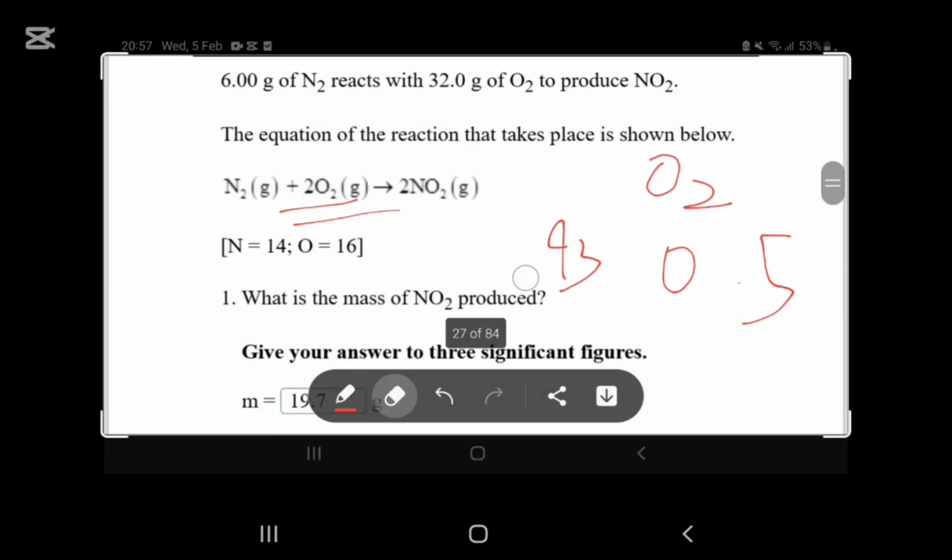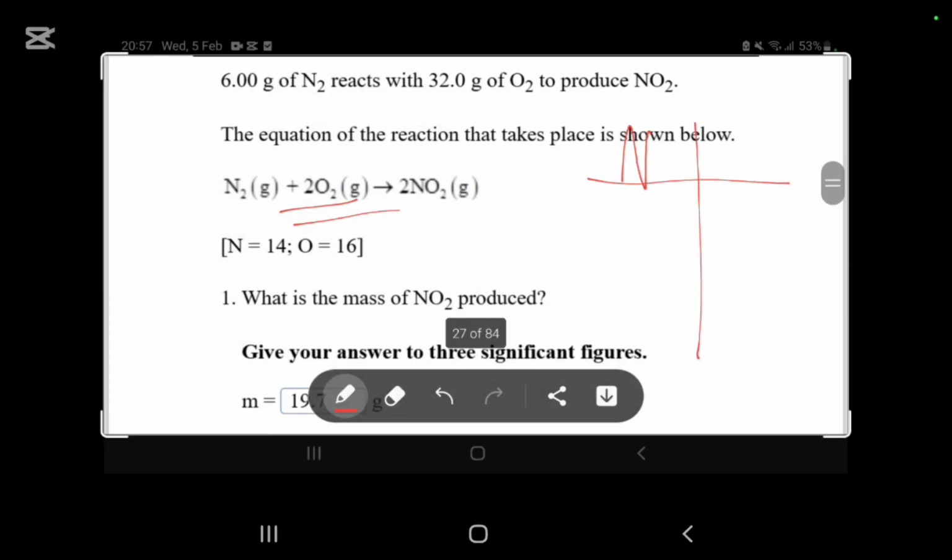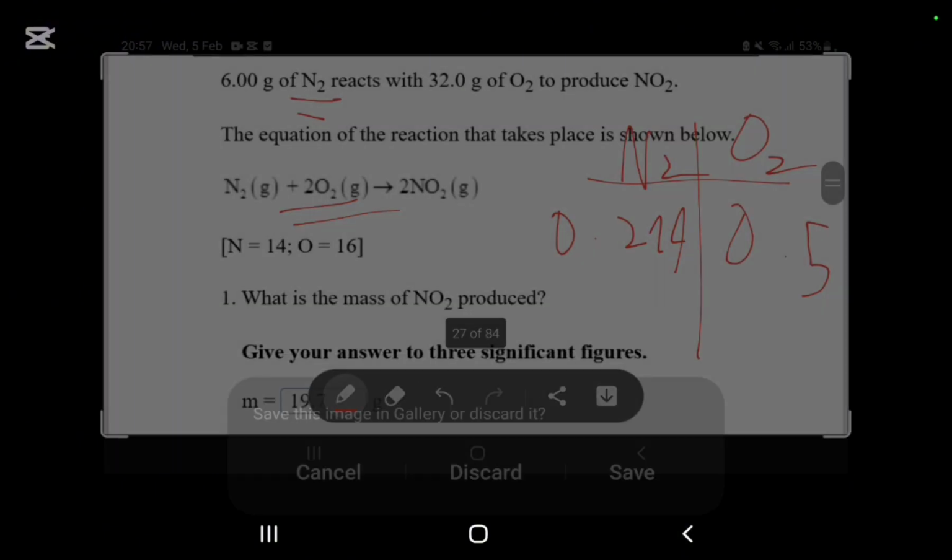Oh wait, my bad. I did something wrong here. This was 0.5, I got that right. But I forgot to say that it's N2. So it's 6 divided by 28, 0.214. And then do that times 2, then times 46, which will give us 19.7.